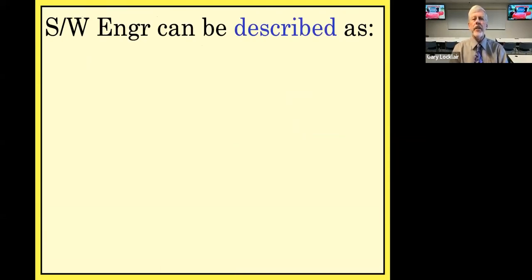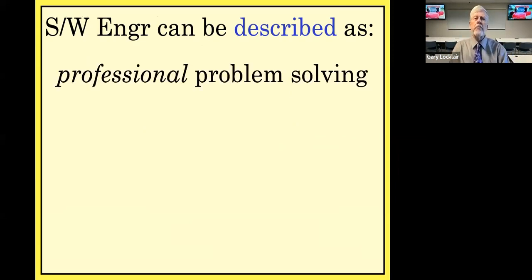In addition to defining software engineering, we've been describing software engineering. Computer science, the 2-word short definition of computer science is problem solving. Well, software engineering is part of computer science, so I throw an adjective in front of that.